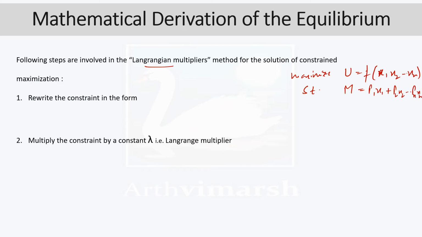We want to maximize this subject to this constraint. That's why it is constrained maximization; the constraint means our budget constraint.